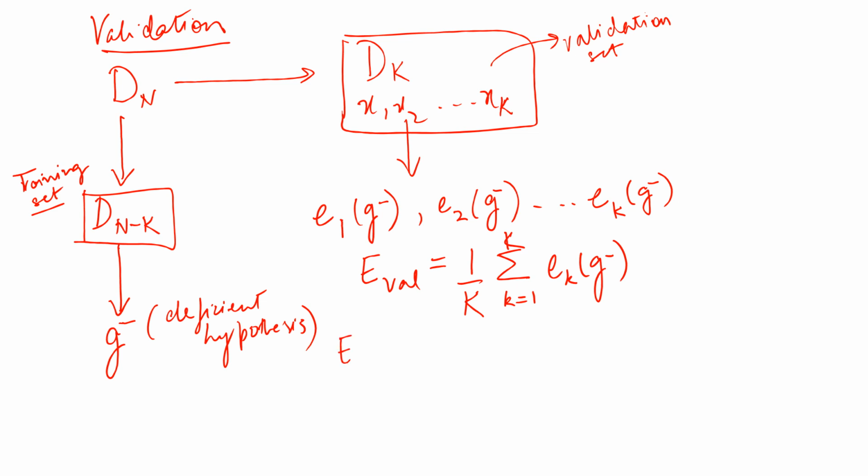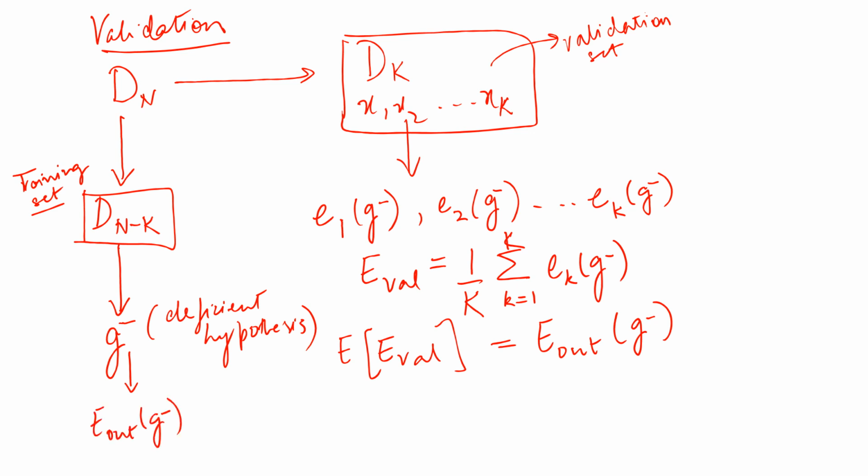So essentially what I'm trying to say is that the expectation of E val, just like the expectation of E test was E out, with the exception that this is going to be for g negative. Why? Because the E out that I'm going to output using this hypothesis is going to be a result of the deficient hypothesis, because I have split this data into two parts, right?